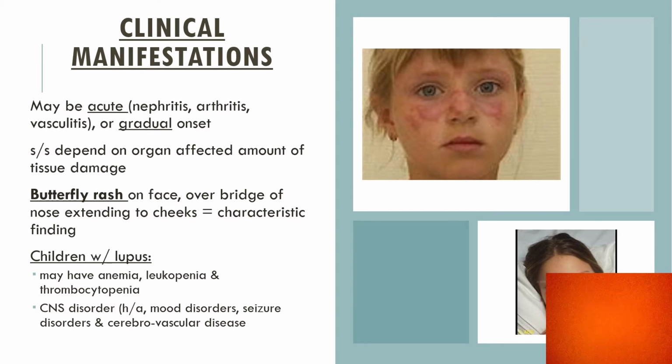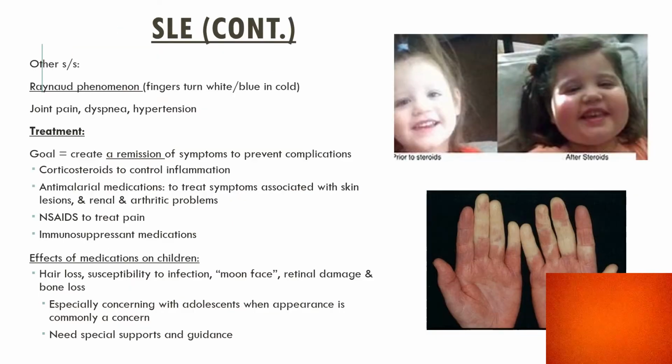Children with lupus will have some reflective changes in their blood, such as anemia, leukopenia, and thrombocytopenia. And we may actually notice some central nervous system complications due to the complications with vascular blood flow and oxygen to the brain. Other signs and symptoms, another classic sign is Raynaud's phenomenon.